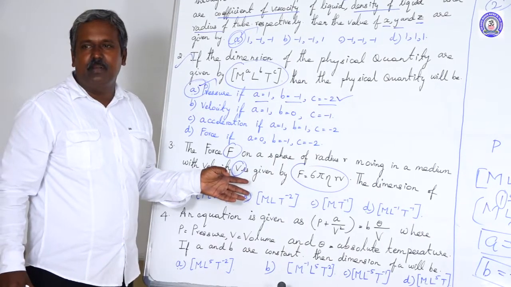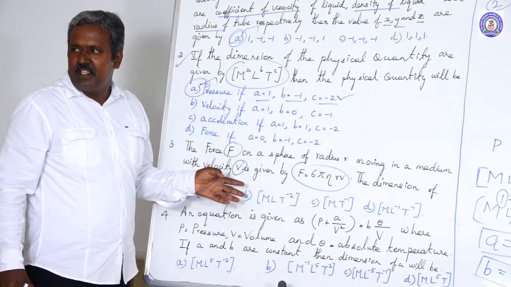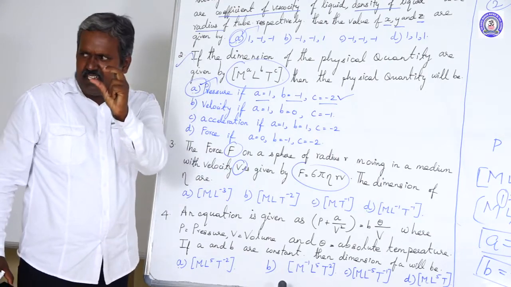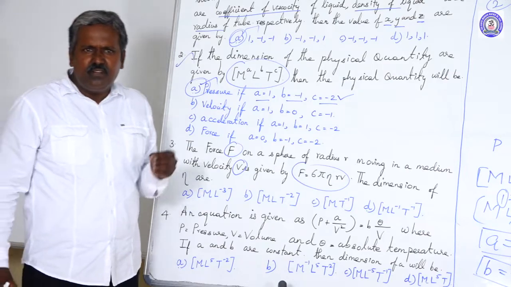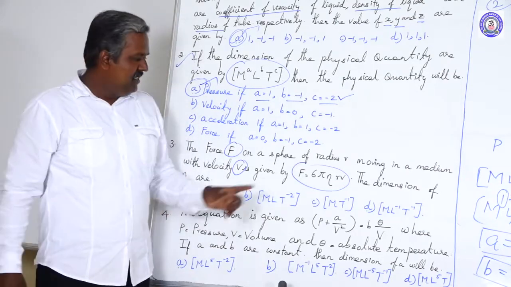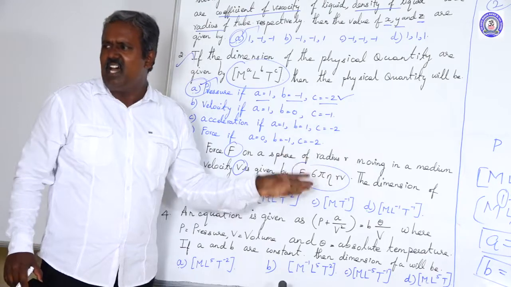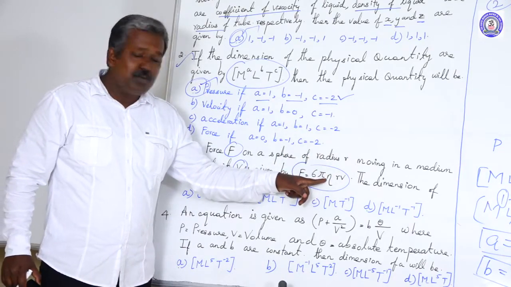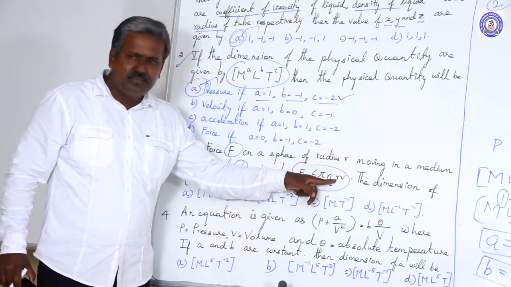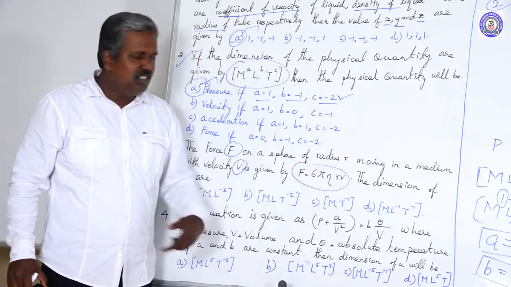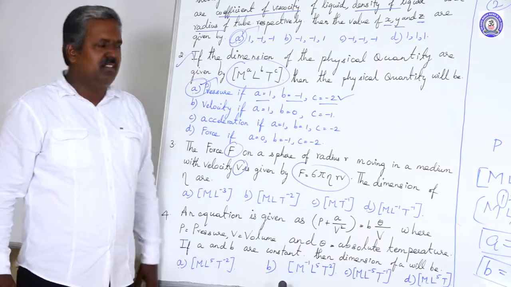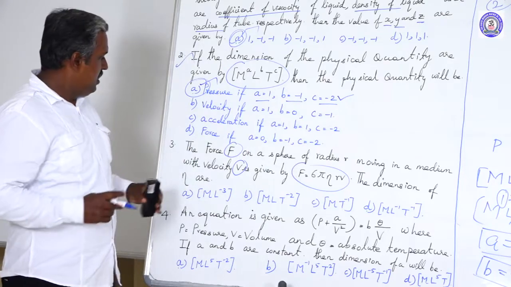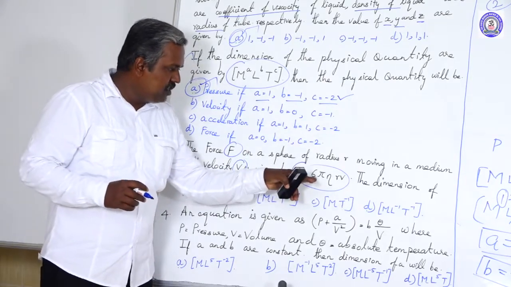According to Stokes theorem, already discussed, the viscous force acting on the metal ball when moving in a liquid is F is equal to 6 pi eta RV. Terminal velocity. Remember? Eta is the coefficient of viscosity, r is the radius of the ball. That's all. So force F is equal to 6 pi eta rv.